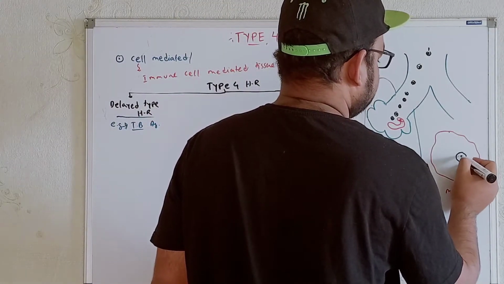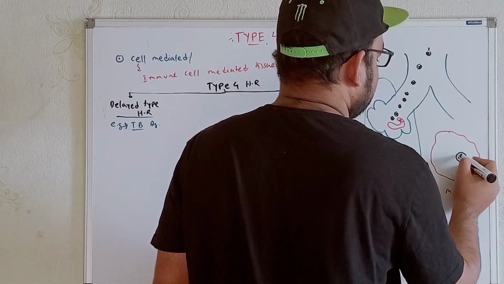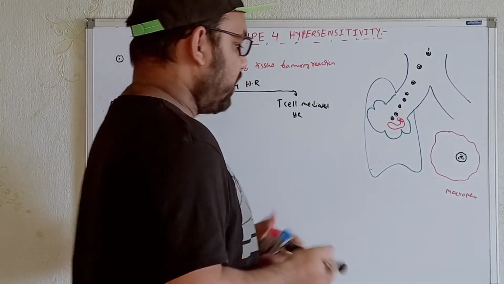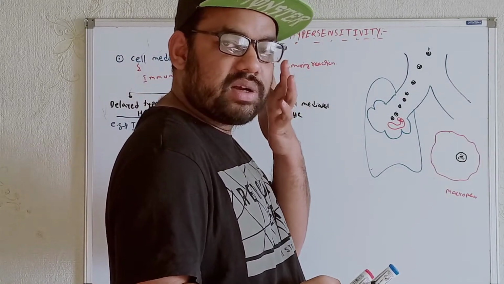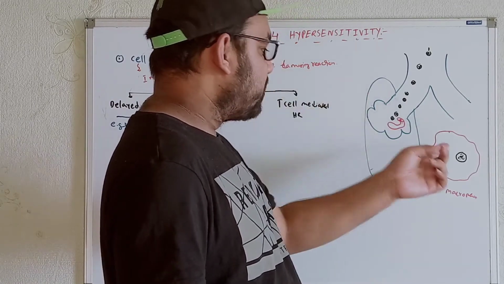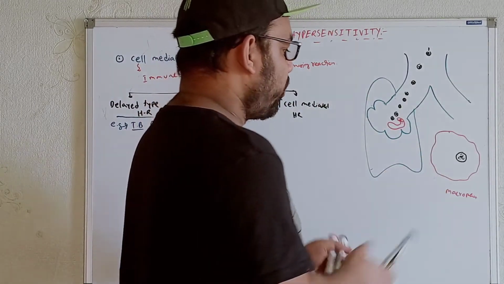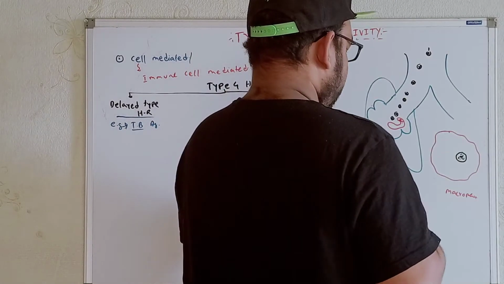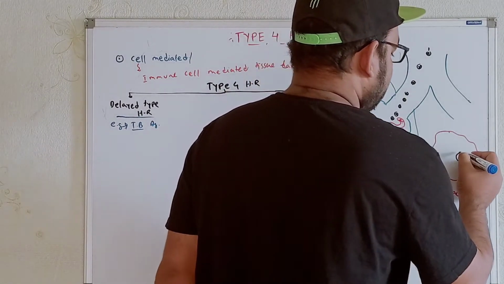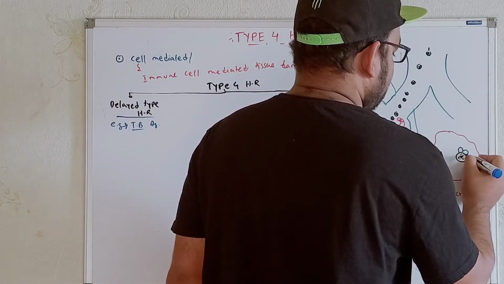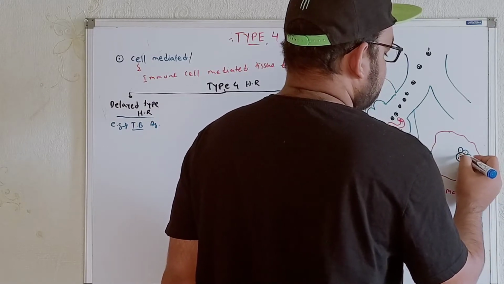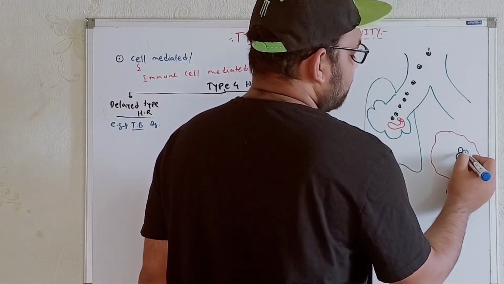During phagocytosis, these macrophages will secrete lysosomal enzymes. We get the fusion of lysosomes with these structures, and the secretion of different types of destructive enzymes from the lysosomes.